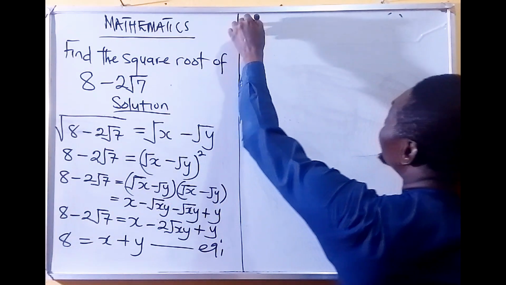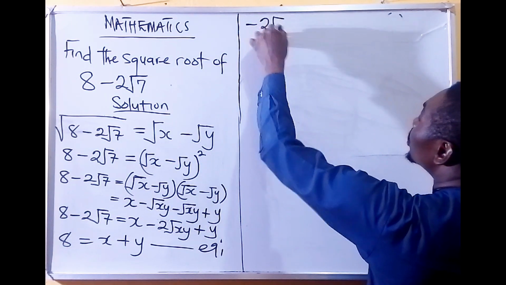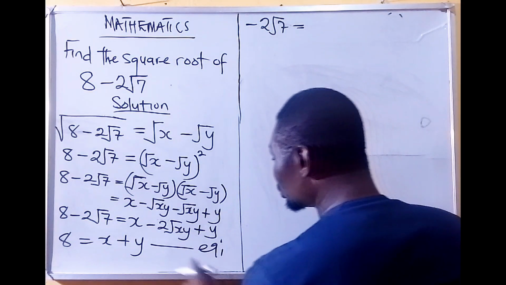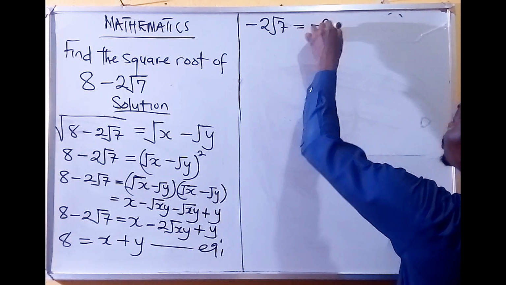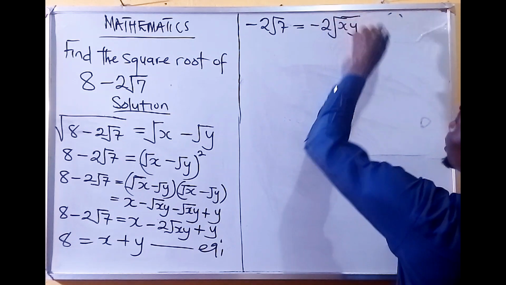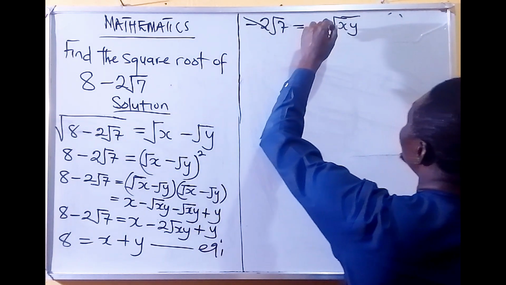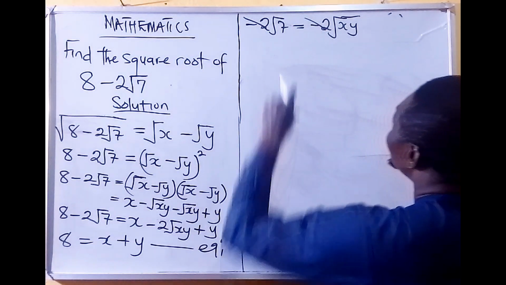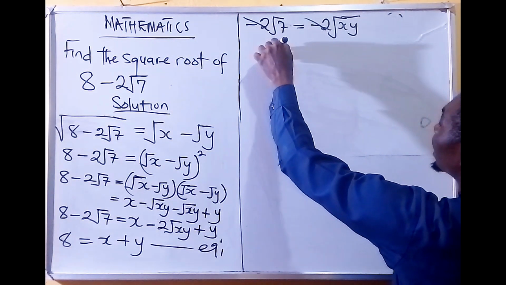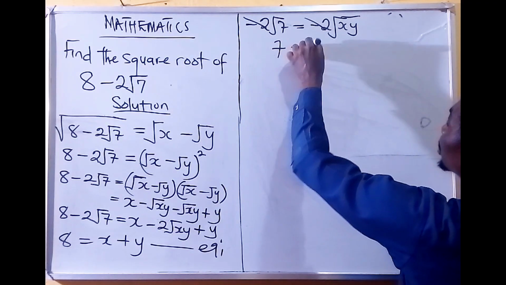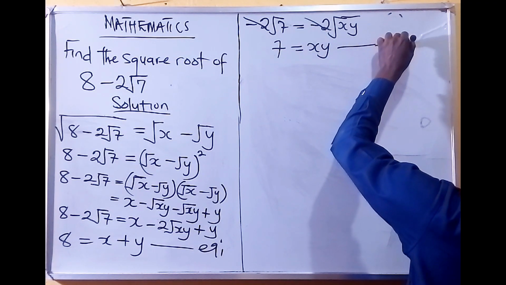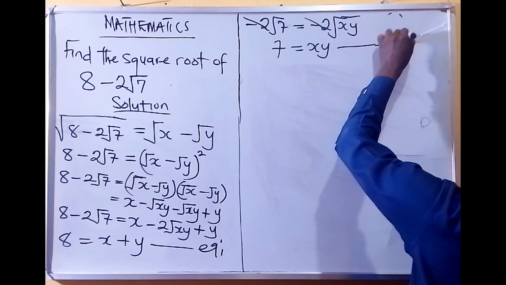Then we have minus 2 root 7 is equal to minus 2 root xy. So minus 2 will cancel minus 2. If you square both sides, you will be left with 7 is equal to xy, which is equation 2.